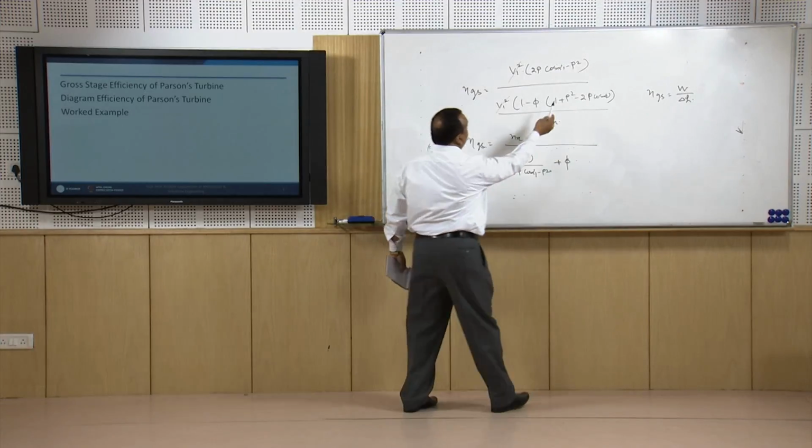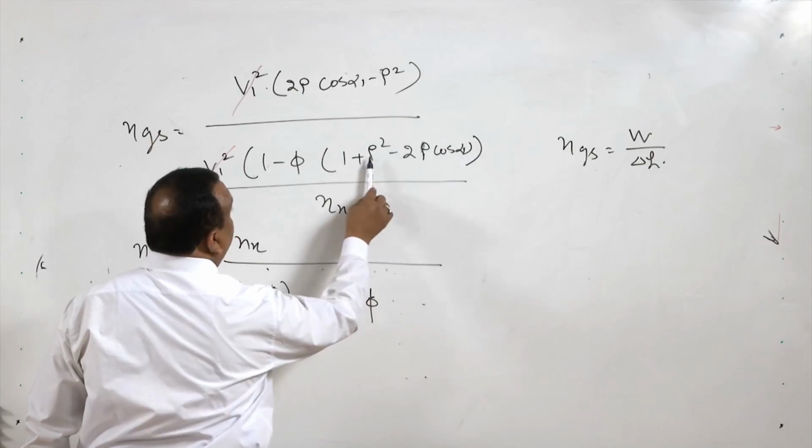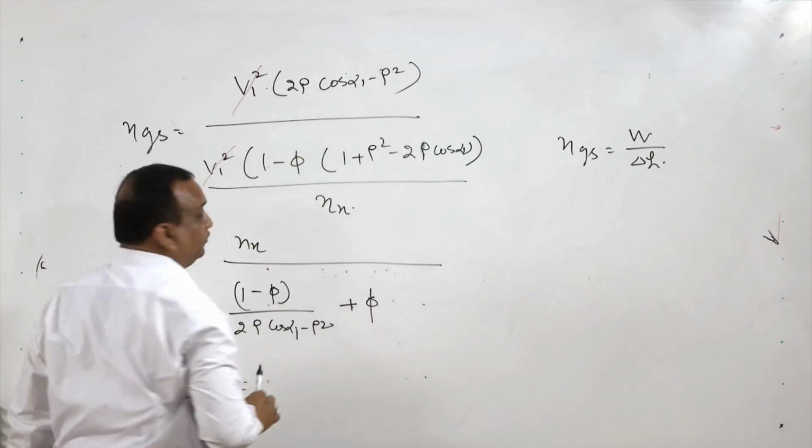If you look at it here, 2 rho cos alpha 1 minus rho square, 2 rho cos alpha 1 minus rho square.